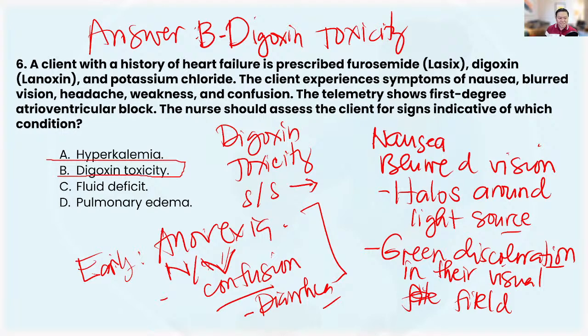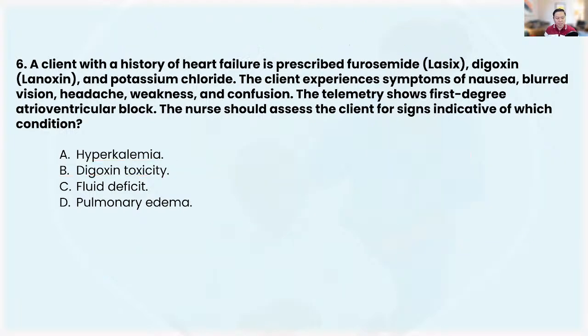Same with the pulmonary edema in letter D. Pulmonary edema will typically present pulmonary manifestations such as sudden or progressive shortness of breath. There will be productive coughing with a frothy sputum, which are not described in this scenario. But let me just write them down here. Pulmonary edema is wrong. This one is wrong, and this one is wrong. The pulmonary edema is going to be manifested by increasing SOB.